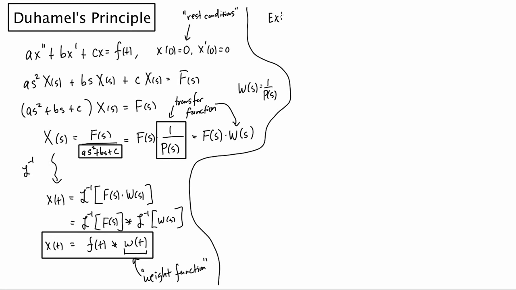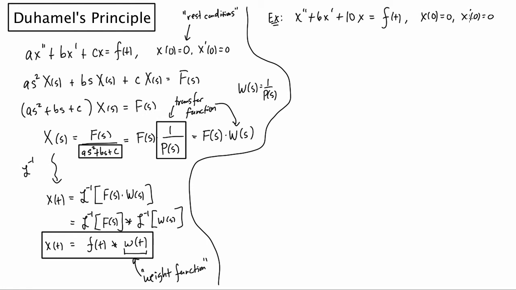So my example of this is, let's look at x double prime plus 6x prime plus 10x equals f of t, and I'm just going to leave f of t as f of t. And we're going to do this one at rest to start with. So how would I solve that?